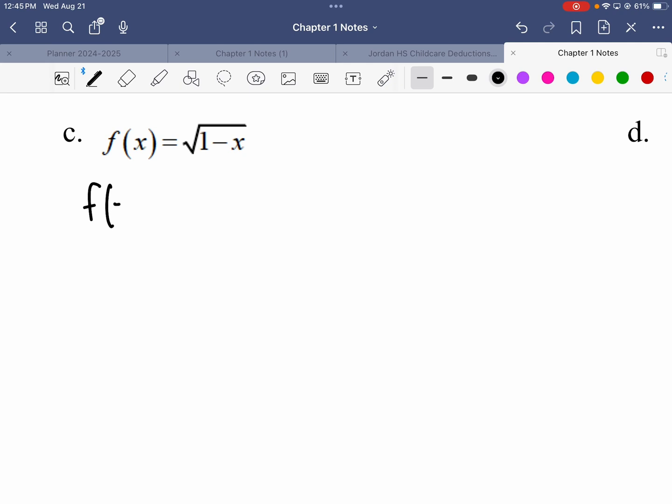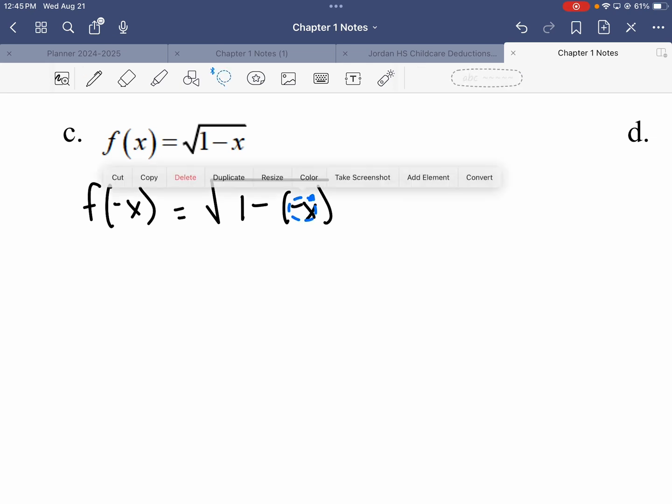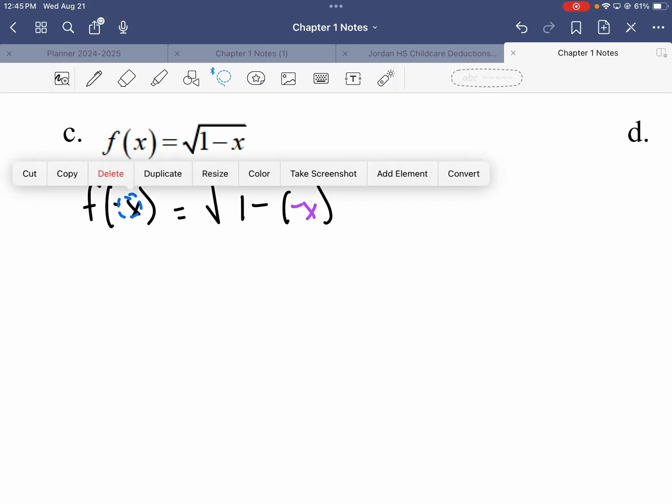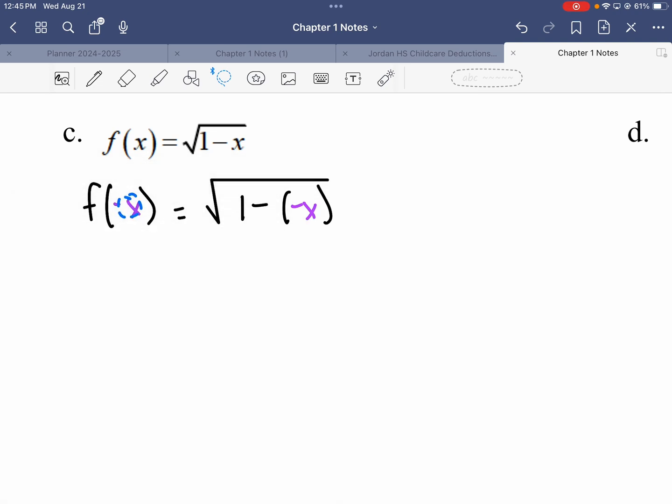Well, the first thing you're going to want to do is find f of negative x. Okay. How do we simplify this? What happens when you try to do minus a negative?